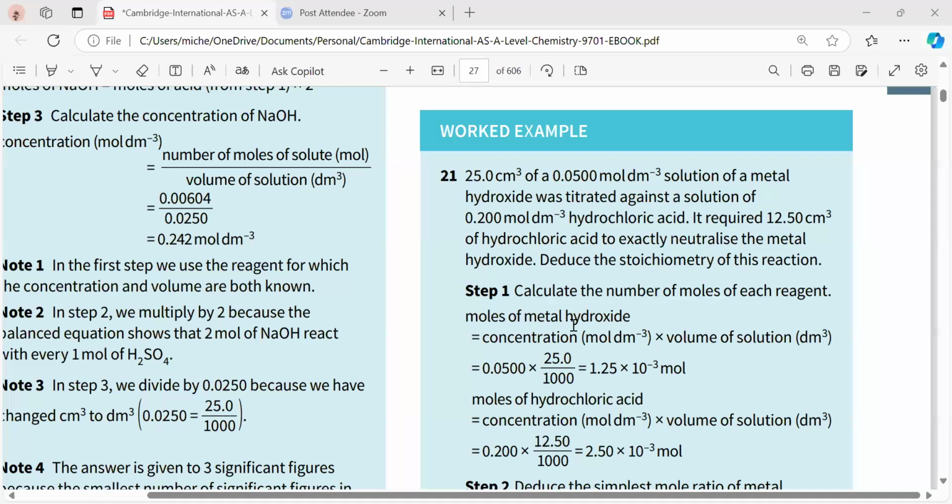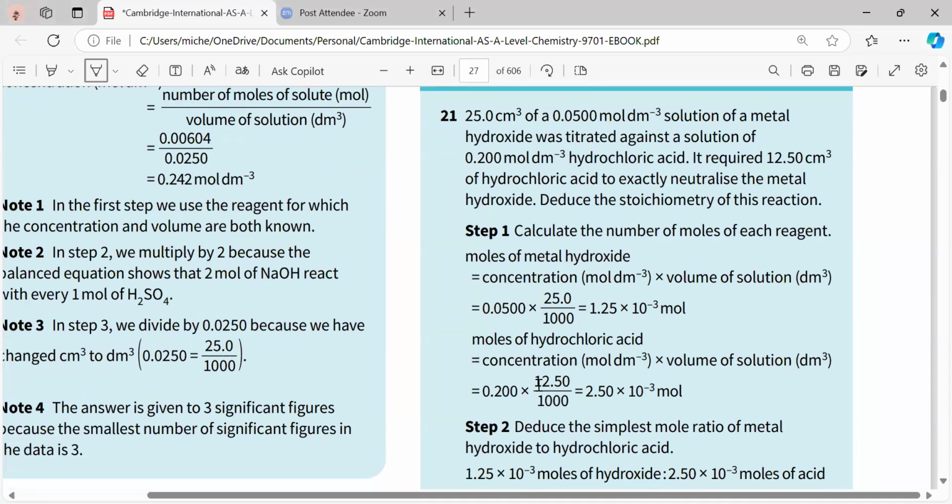First we find the moles of metal hydroxide because it is the one that's complete. We have the concentration and we also have the volume. The concentration is 0.0500, and the volume, 25, is in cubic centimeters. Once again, we need to convert that to cubic decimeters, so we divide by 1000. So we multiply 0.0500 times 0.025, and here we have 1.25 times 10^-3.